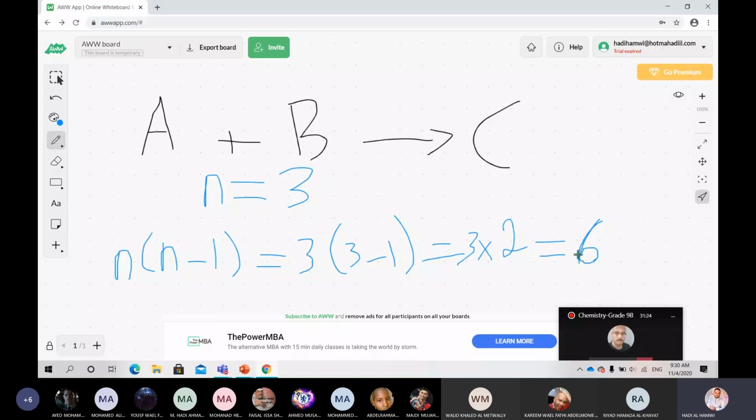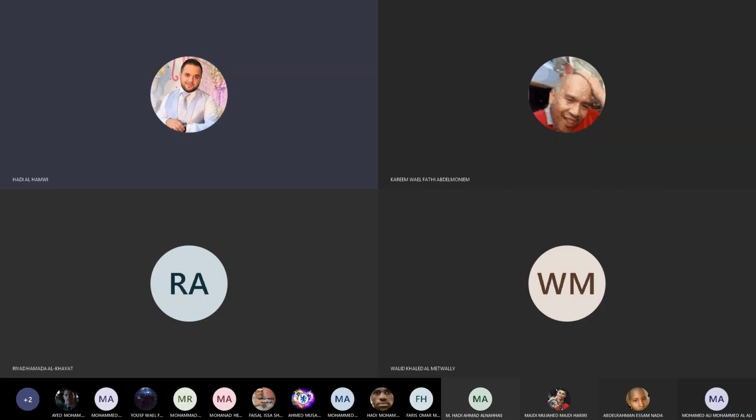Please, any question till here? You should note this equation, n into n minus 1, and n is the number of substances. If I have AB plus CD, so I have 4 substances, A, B, C, and D, so n equals 4. You just substitute n with 4. Now I will send you an assignment. Please just wait 1 minute.